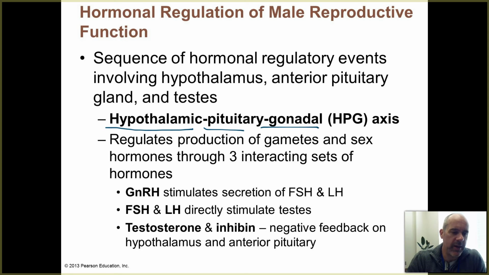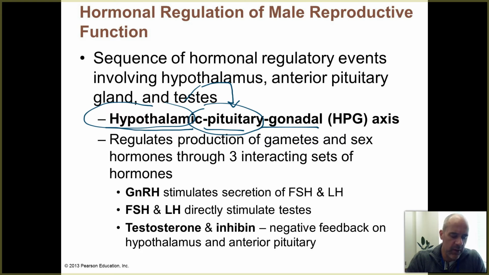If you think way back to the beginning of the semester when we were covering the endocrine system, we learned that the hypothalamus is the master of the master and secretes a number of releasing hormones that travel that short distance through blood vessels to the anterior pituitary gland. They stimulate the anterior pituitary gland to secrete hormones that then travel to other parts of the body and affect their targets, wherever those may be.